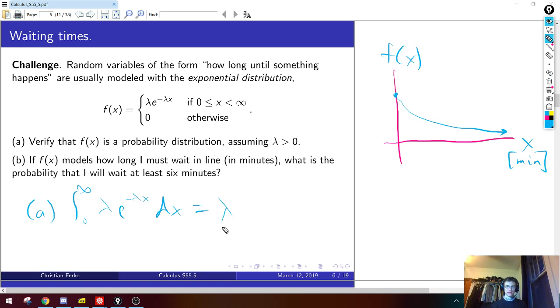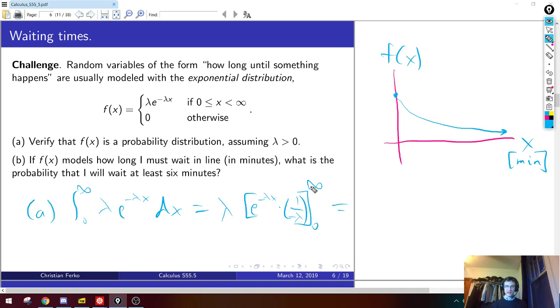So what goes in the brackets when you anti-differentiate this thing? You pulled out a lambda, that's fine. It's e to the negative lambda x over negative lambda. Yeah, so times 1 over minus lambda. And this is evaluated at 0 and infinity.